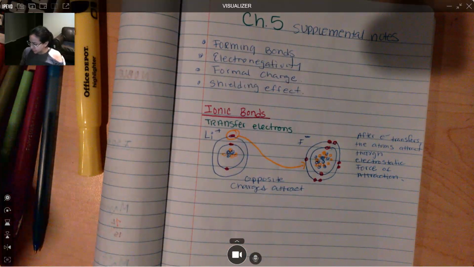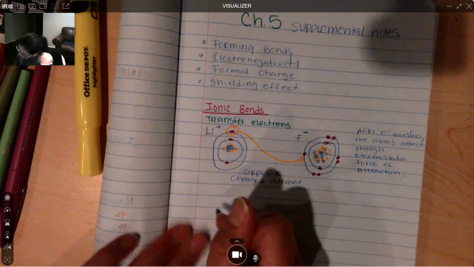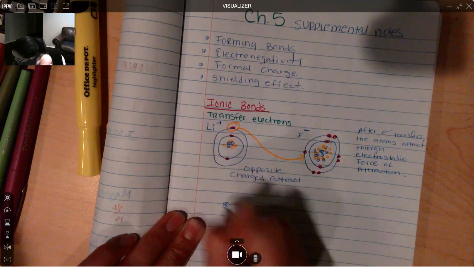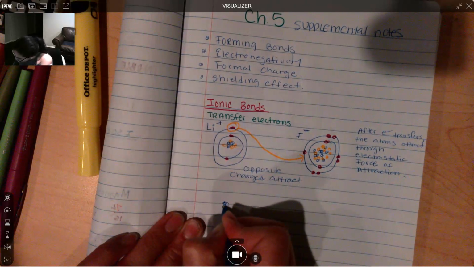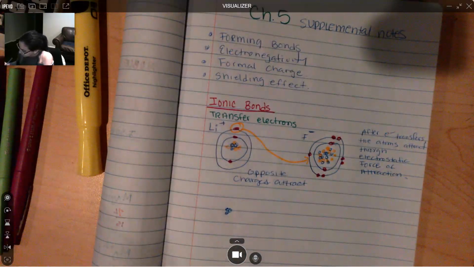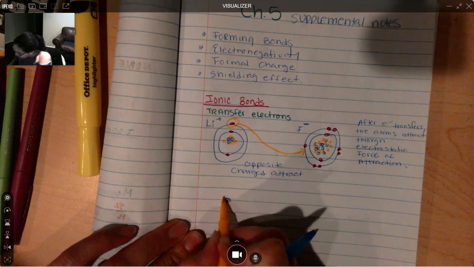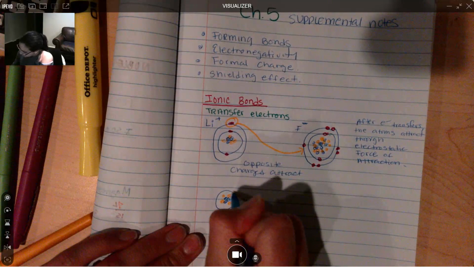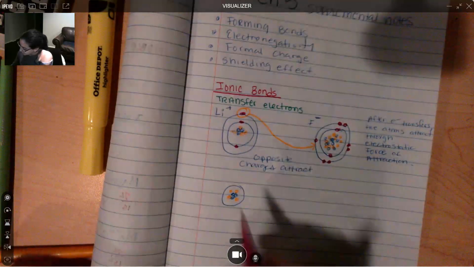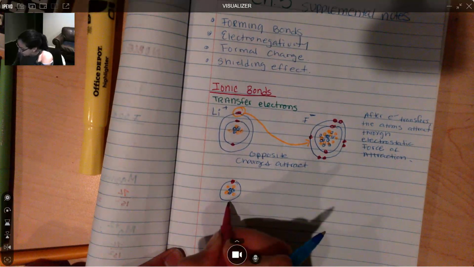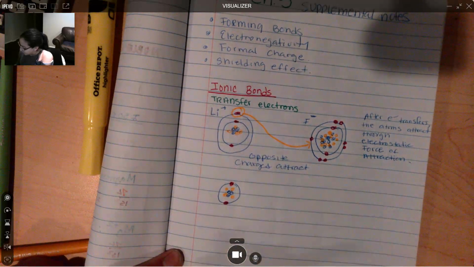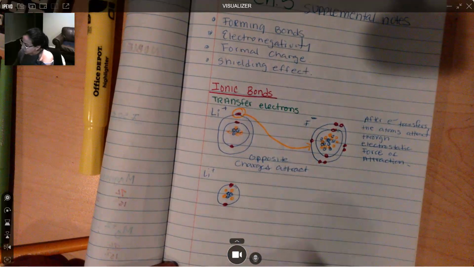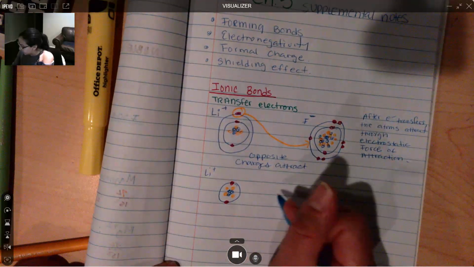Once that happens, you're going to get atoms that look like this. So you're going to have 1, 2, 3 here. So drawing our lithium, okay. All right, and then here is going to be our fluorine.